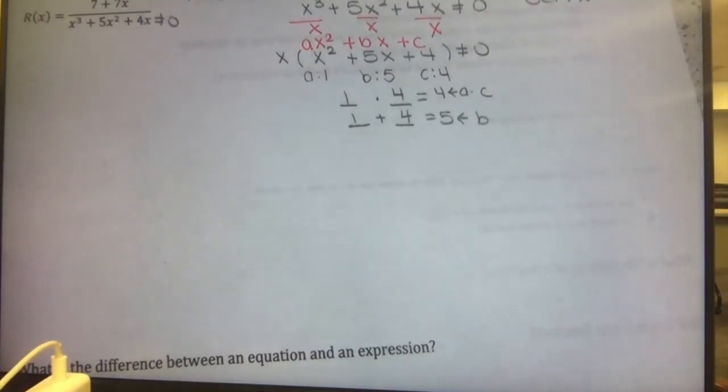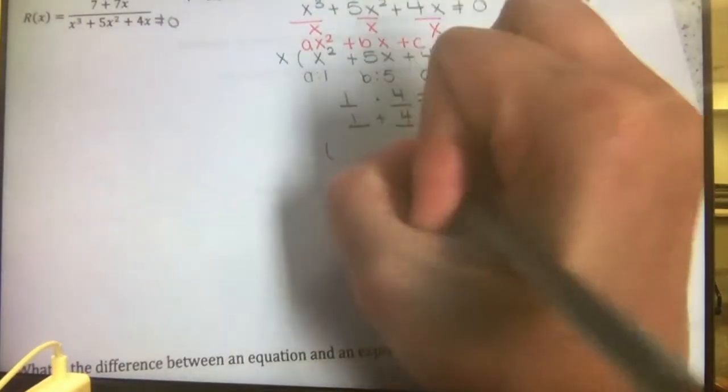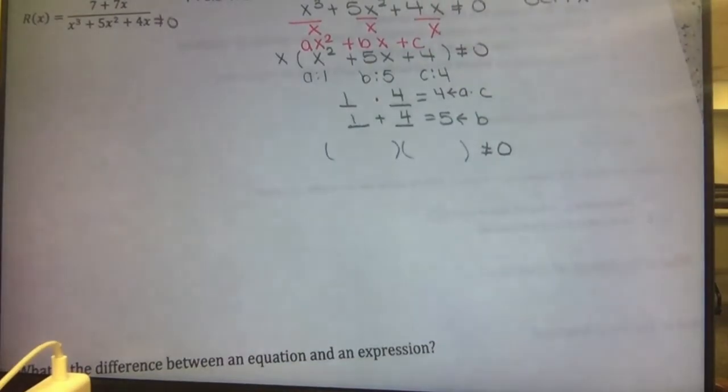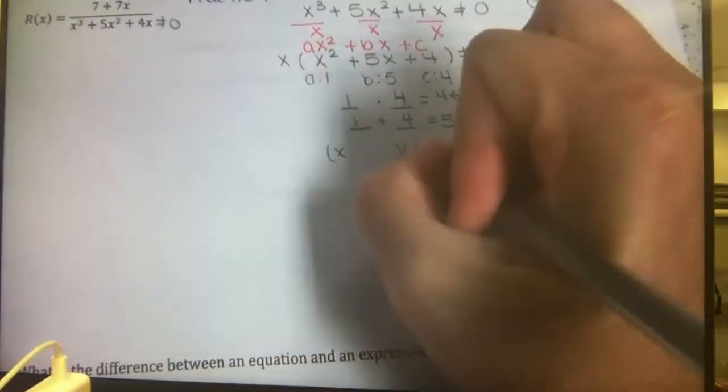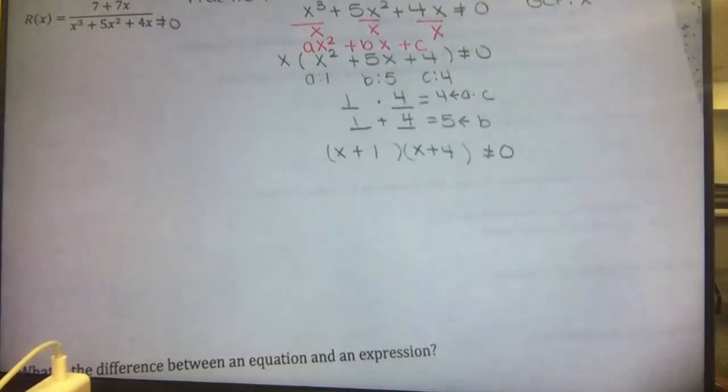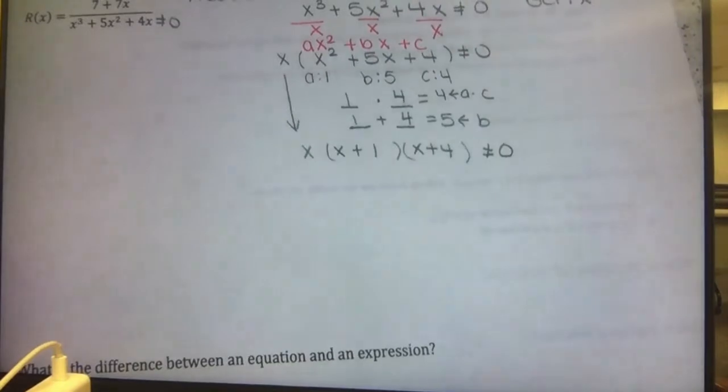So thankfully our A value is 1, so I can go straight to my factors using our shortcut. If you don't want to use your shortcut, that's totally fine. Just factor by grouping. Our variable is x, and in the blank we have positive 1, we have positive 4. Now don't forget to bring down your GCF of x out front. So we factored it.